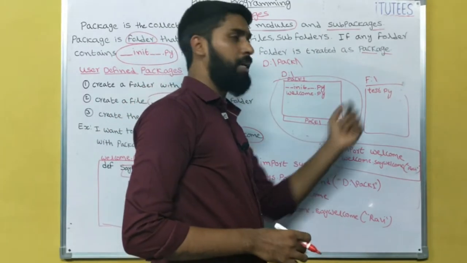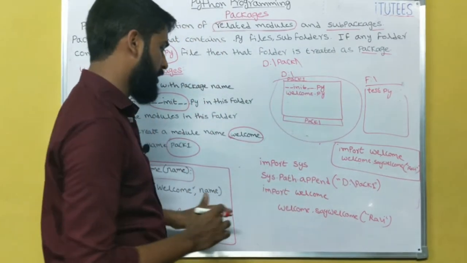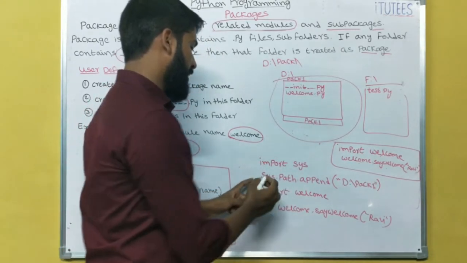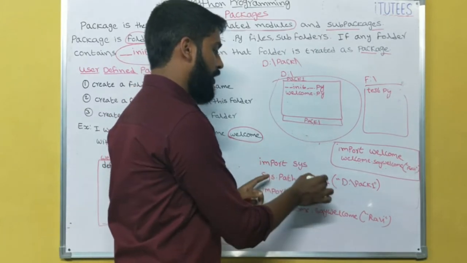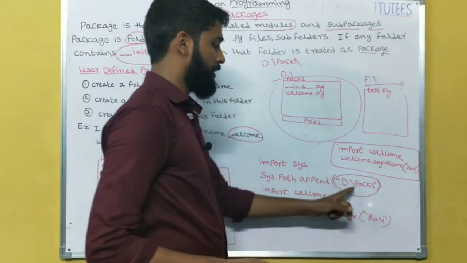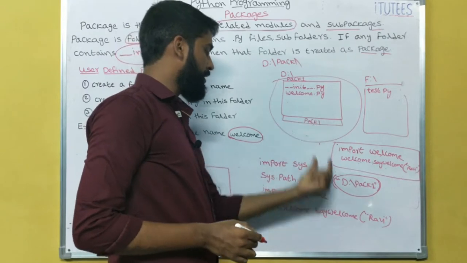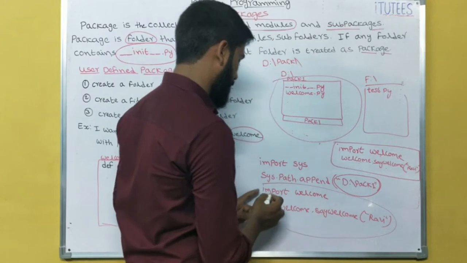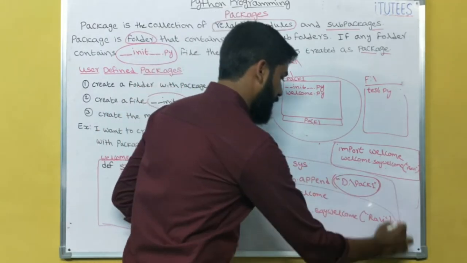For example, if test.py is in another location, then how can we access this welcome.py? Simply, we can import sys, that means system, and use sys.path.append. That means for this file you are going to append another path, D:/pack1, the package name. The path is appended to this program. After that you can write the same instructions: import welcome, welcome.say_welcome Ravi.